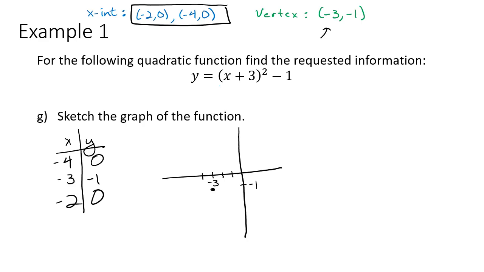It's symmetric around the vertex. And in this case, we get our x-intercepts of -4, 0 and -2, 0. Again, if you wanted to be really thorough, you could plot the y-intercept, which was up at 8, so it's somewhere way up here.